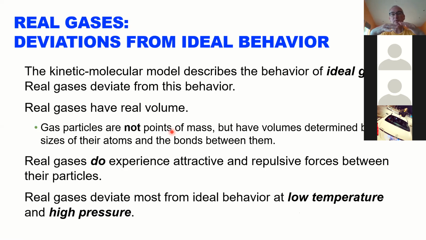And when they stop moving as quickly, they have more of an ability to make contact with each other and stay in contact with each other. And at very high pressure, the same thing is also true. At extremely high pressure, you're basically pushing gas molecules together and forcing them to interact. And when you're forcing them to interact, they deviate from ideal behavior.